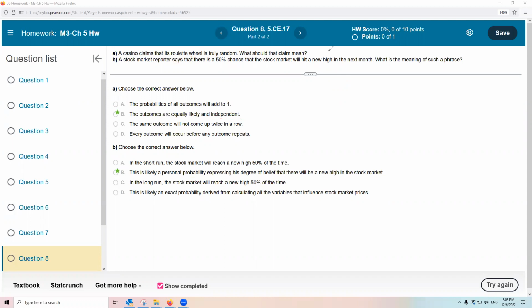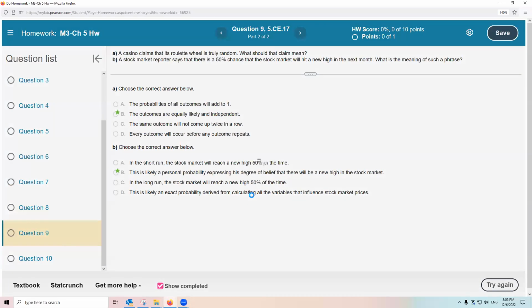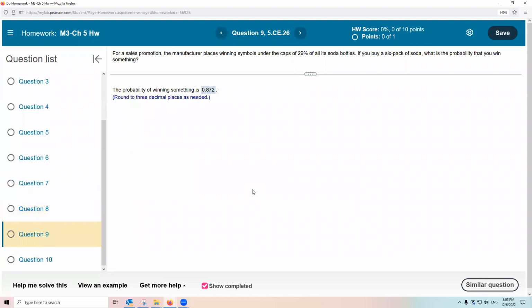All right, let's look at one more maybe. Yeah, let's take a look at this one. This one says, for a sales promotion, a manufacturer puts winning symbols under the caps of 29% of its soda bottles.